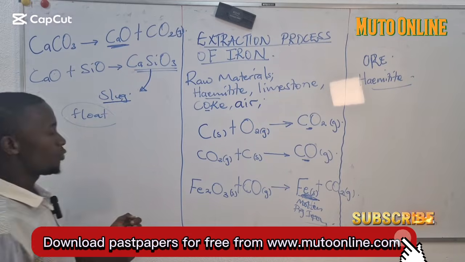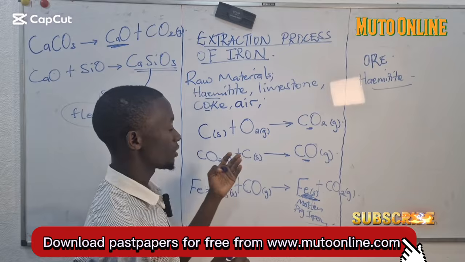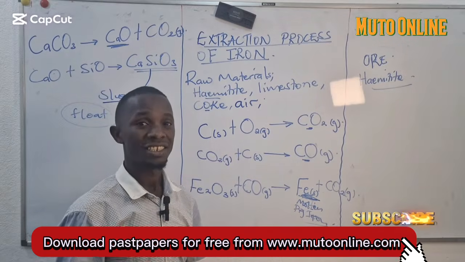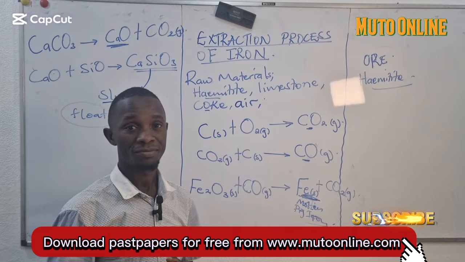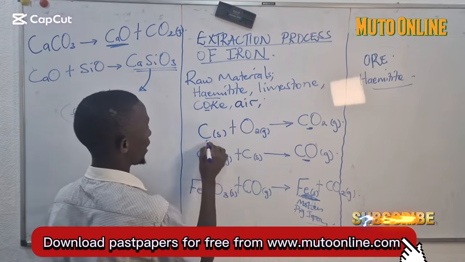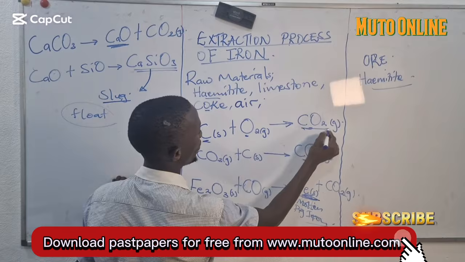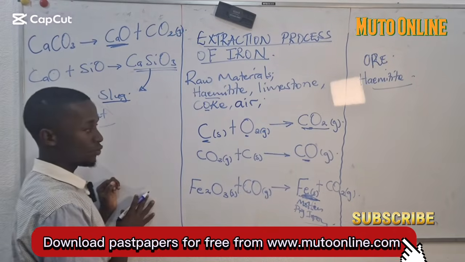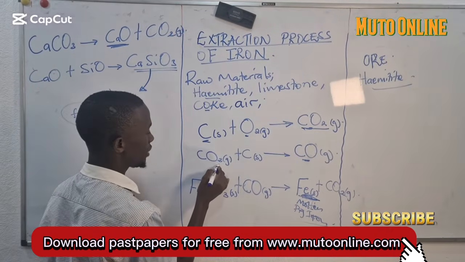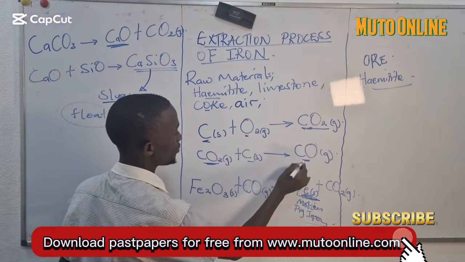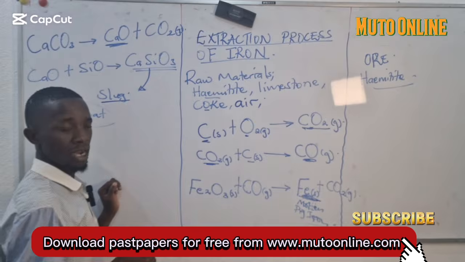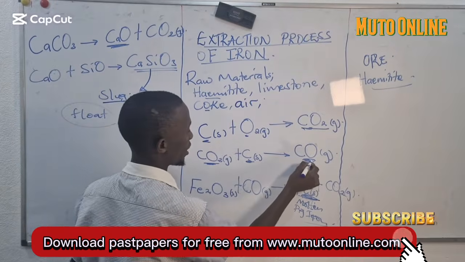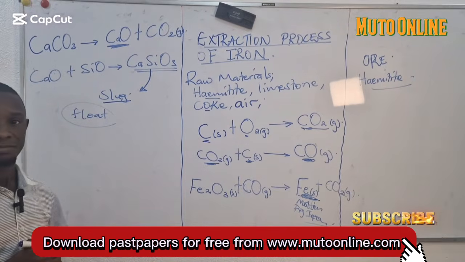So the process of production involves oxidation and reduction reactions. We are seeing here the carbon is being oxidized to carbon dioxide. The carbon dioxide is being reduced to carbon monoxide, and the carbon is being oxidized to carbon monoxide.